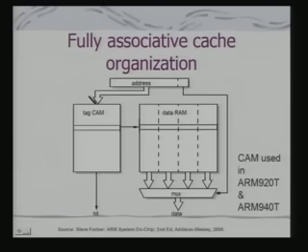Depending on this address, the tag CAM generates the address of the location in the cache. So effectively we are doing many such comparisons in parallel, but instead of using many comparators, we have intelligently used the address of this memory to generate the address of the corresponding location in the cache.